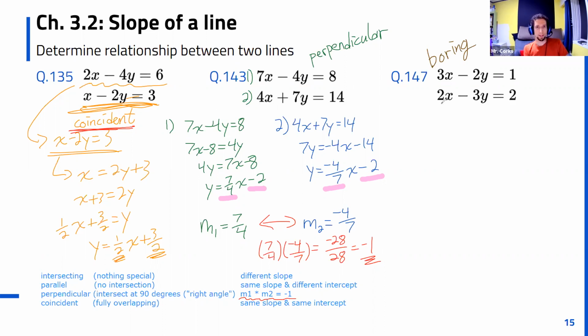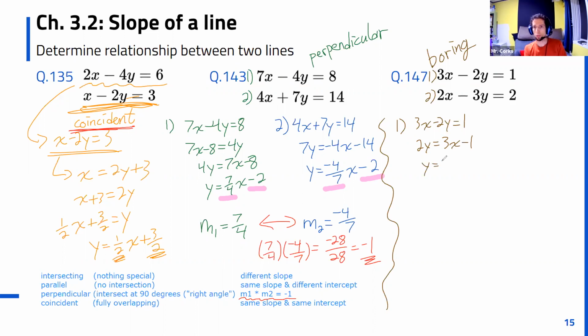All right, so if we're going to check this, again, we can just convert to our slope intercept form. I'll label these 1 and 2. Equation 1, 3x minus 2y equals 1. So 2y is equal to 3x minus 1. Let's just make sure, yep, did that correctly.